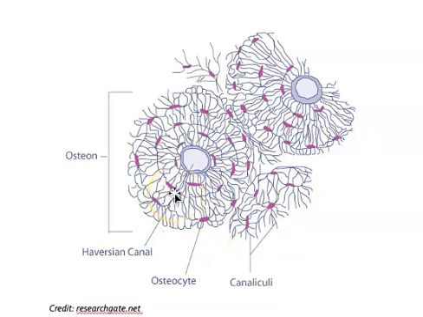Remember, those are going to be found in lacunae, little spaces that are found in the area in between the concentric rings of bone. They're showing us the central canal right here, and they're also showing us these little canaliculi, these little tunnels that extend out and connect one lacuna with another, so that the osteocytes can talk to each other.